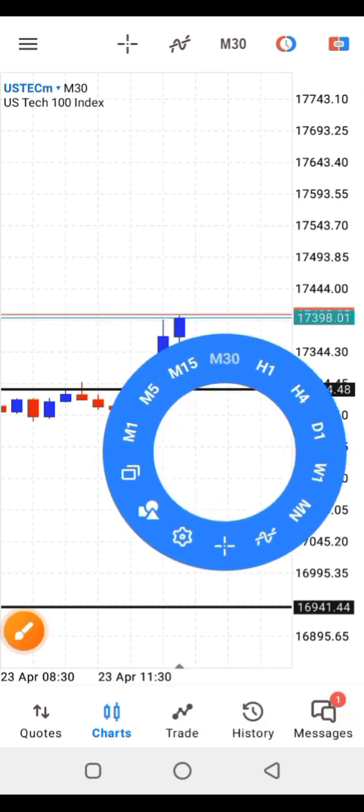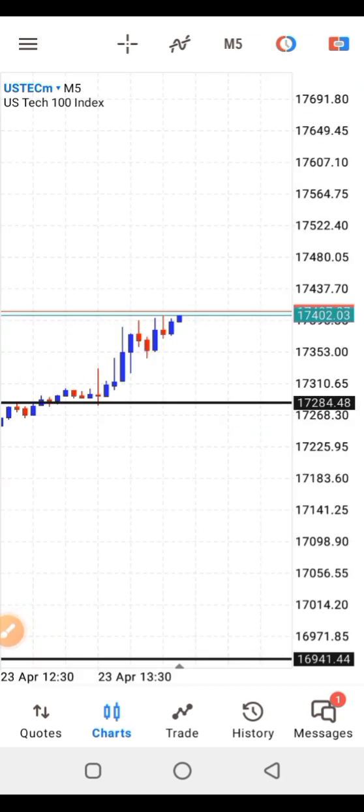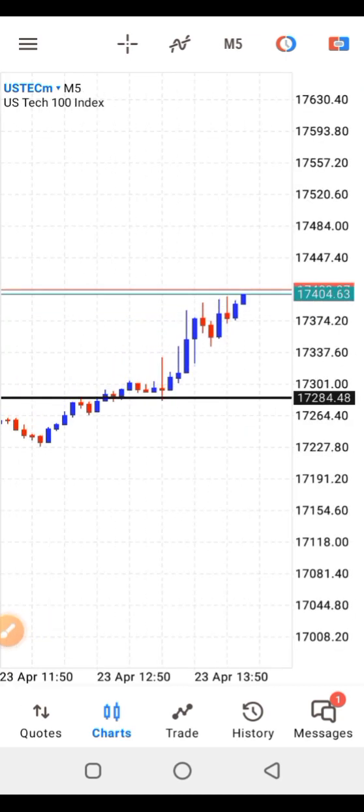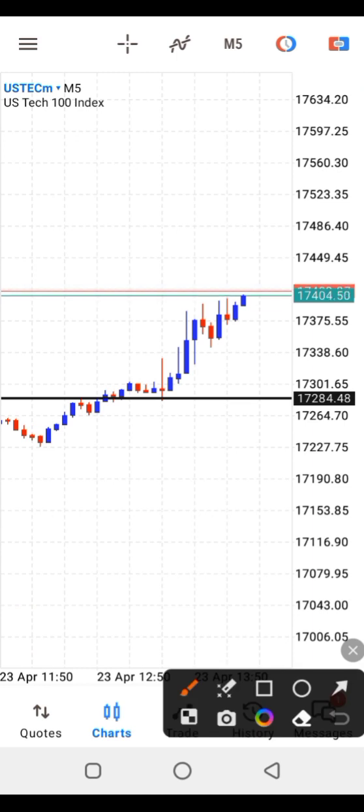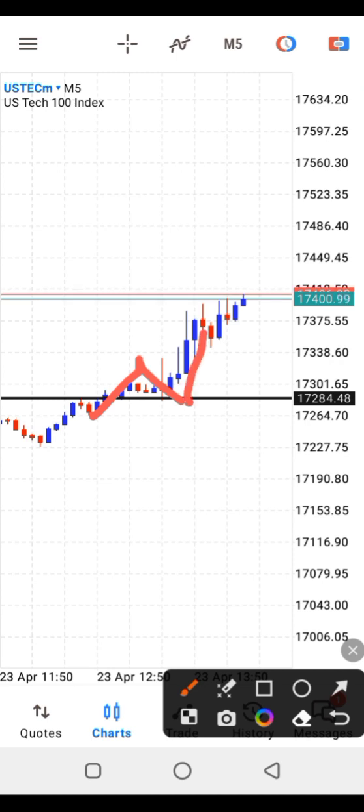And if you go to the 5 minute time frame, you would notice that you even have a break of the top of the fair value gap and a retest of it, then it bounced off. That gives you an idea that there is a bullish sentiment coming in.